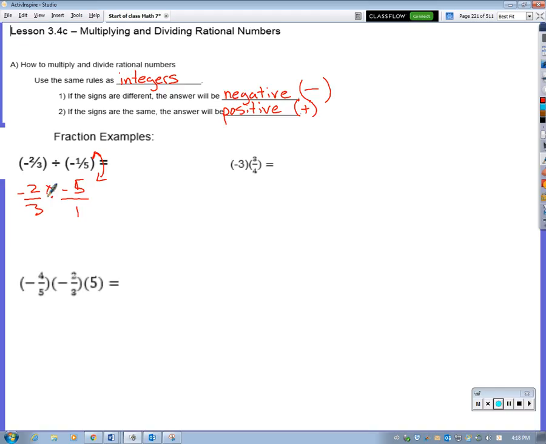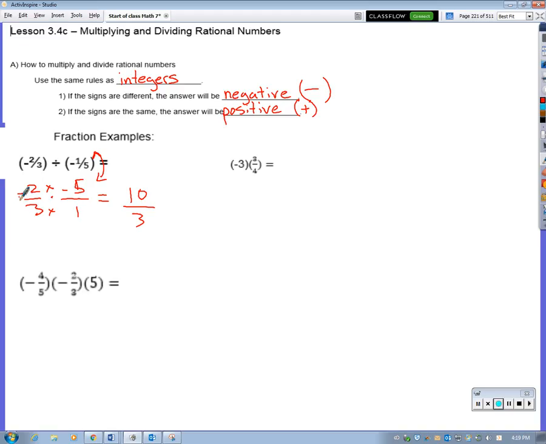Multiply across the top, and that gives us 10. Multiply across the bottom, and that gives us 3. Now dealing with the negative signs, it doesn't matter whether you put the negative signs on top, bottom, whatever, just pick a place, stick it in there. In this case, we've got two negative signs together, so that answer is going to be positive. They cancel each other out.